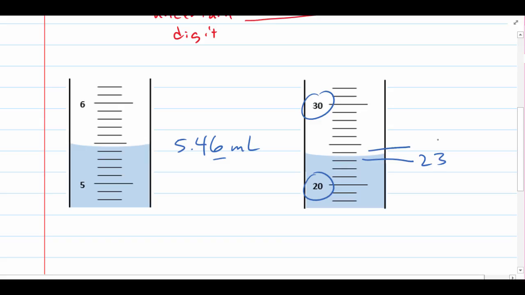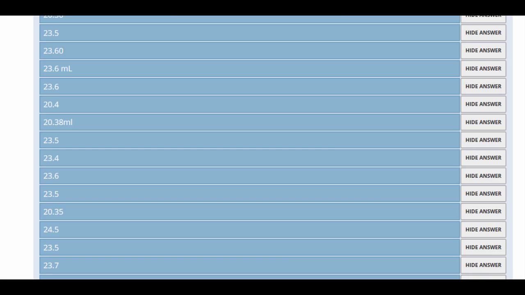This mark here is 24. So it has to be between 23 and 24. So if it's between 23 and 24, it looks like this would be about 23.6, 23.5. So those of you that put in those answers, the 23.5, 23.4, these answers along here would be correct. But anything that says 20 point something would be incorrect.